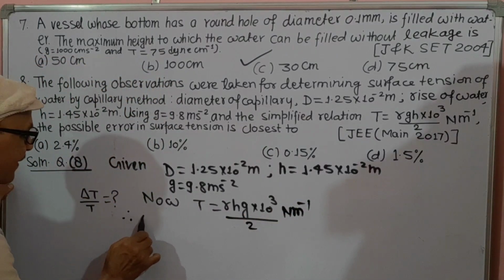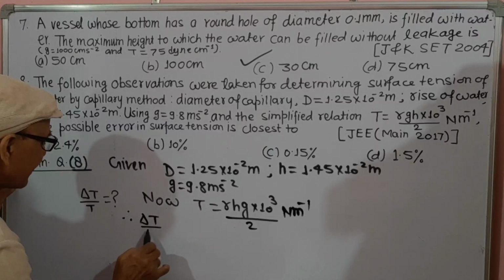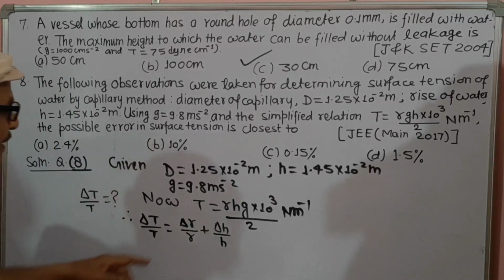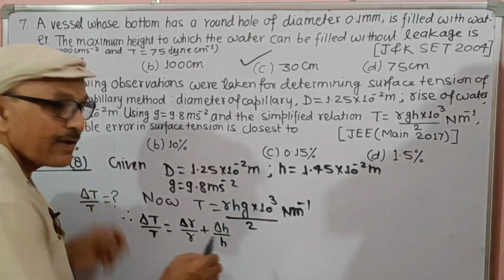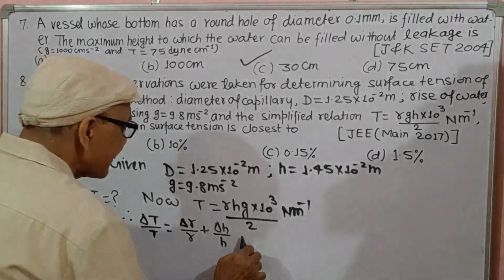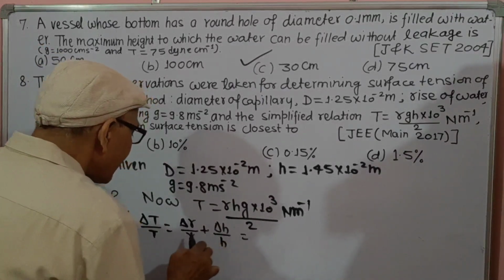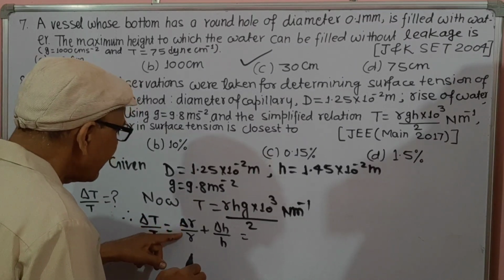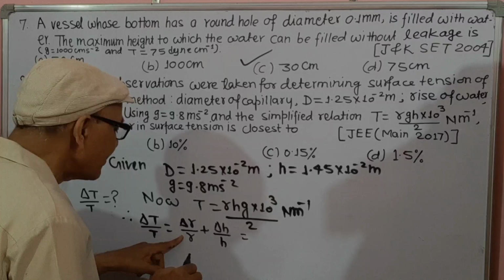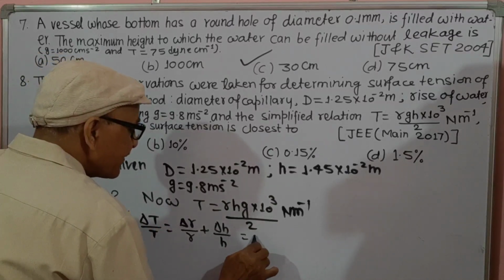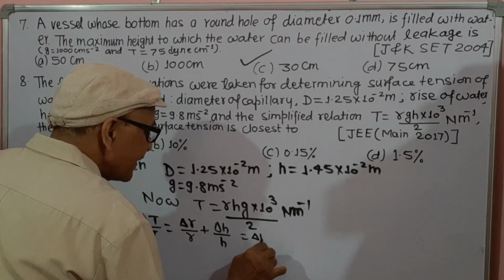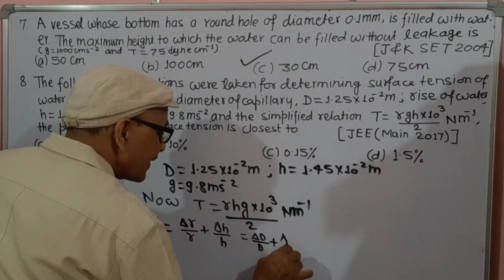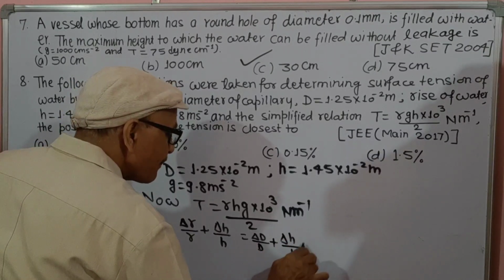Therefore, delta T upon T will be equal to delta R upon R plus delta H upon H, which may be written as 2 delta R will be equal to 2 delta D and 2 R will be equal to D. So, it may be written as delta D upon D plus delta H upon H.